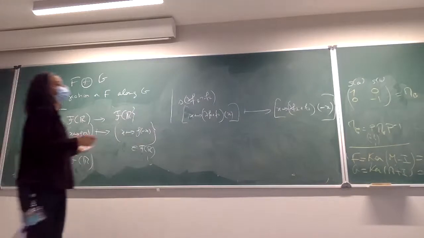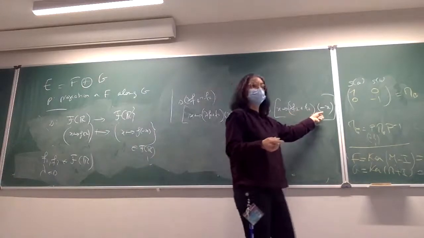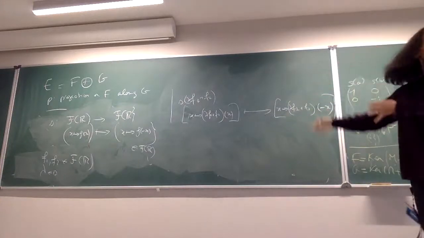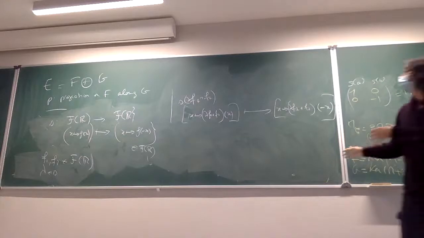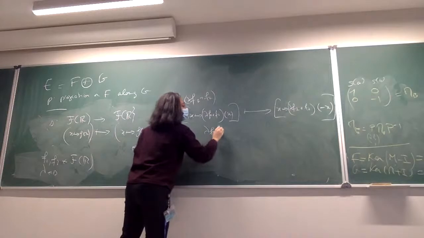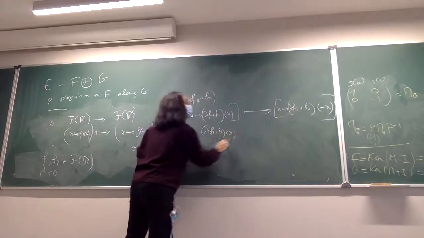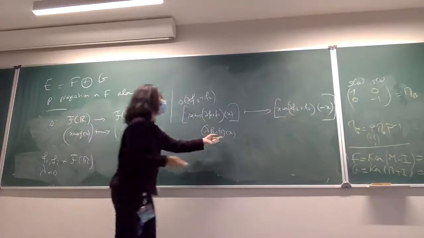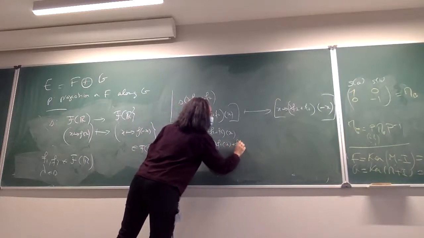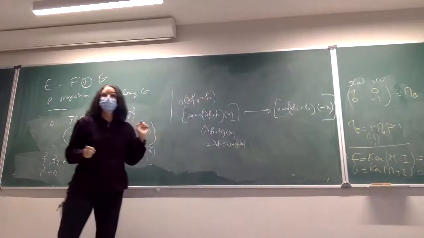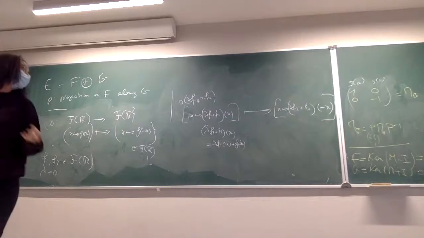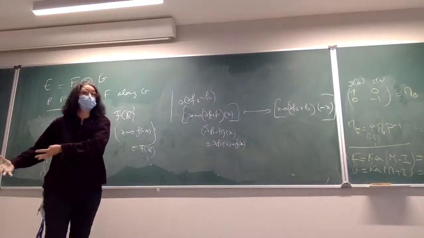But it happens that this map, the one that for X gives you lambda F1 plus F2 applied to negative X, well, even this we can clearly see that the sum of two functions applied to a value is really the same thing as the sum of the values of both functions.